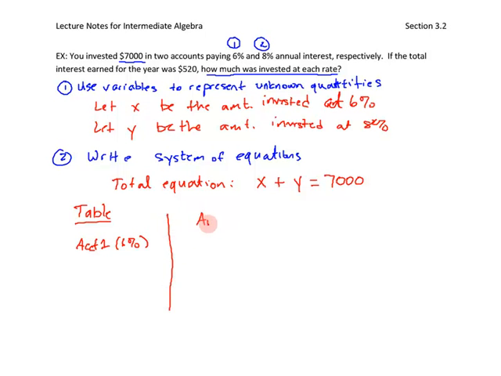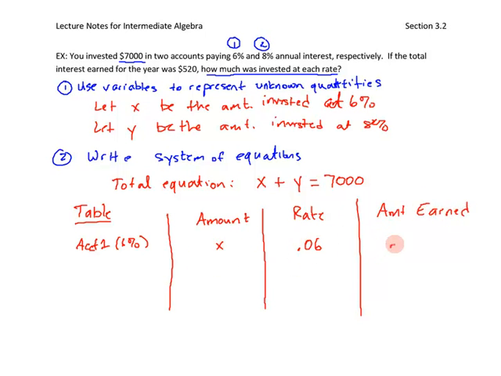The amount in that account we've decided is going to be X. Okay? The interest rate is 0.06, right? So the total earned in interest is going to be the percentage times the amount, or 0.06x. Okay, that's the interest earned in 1 year.